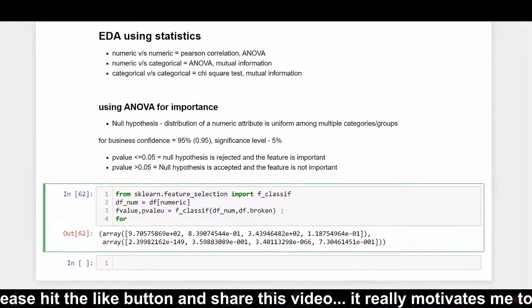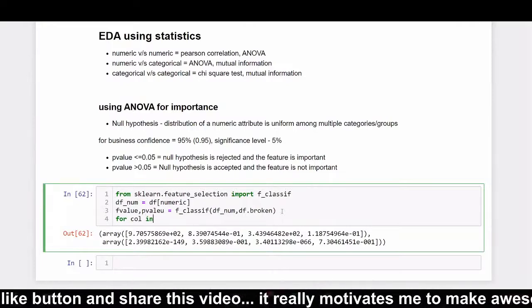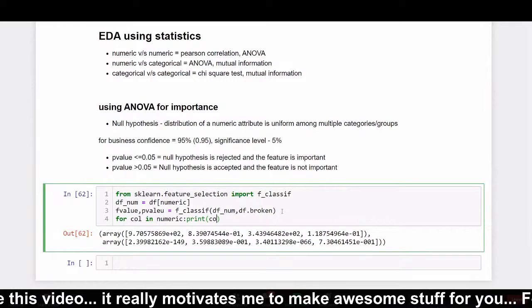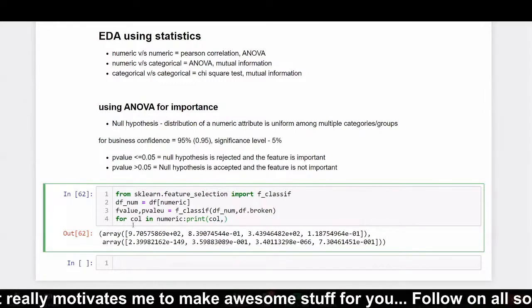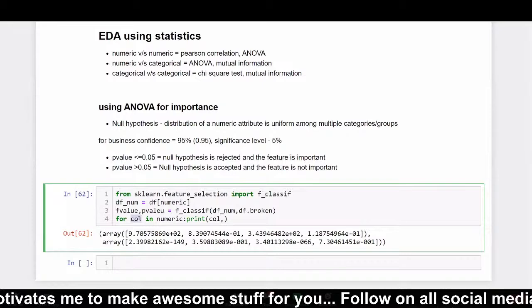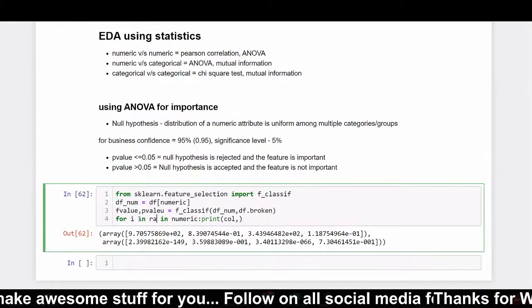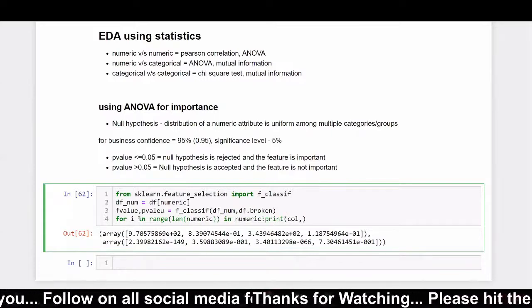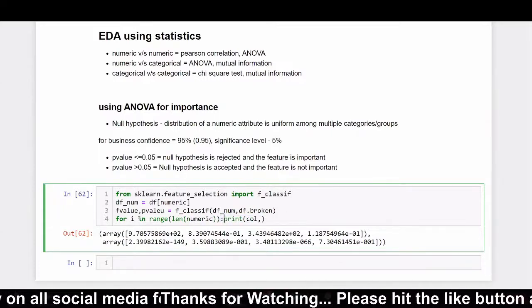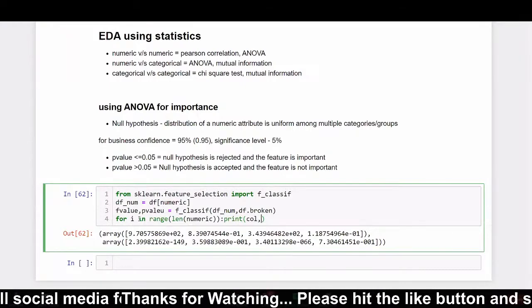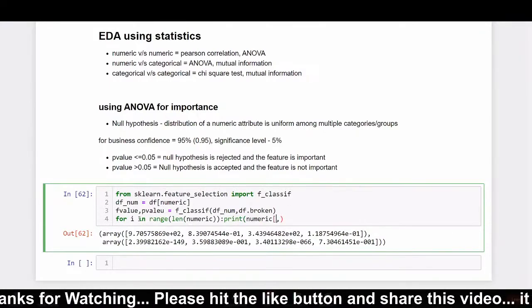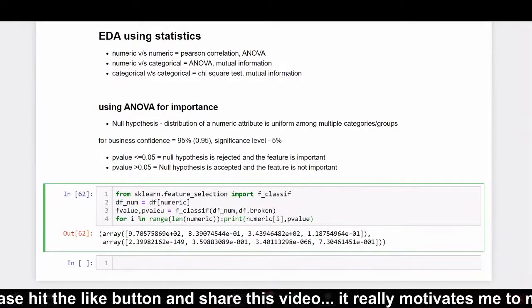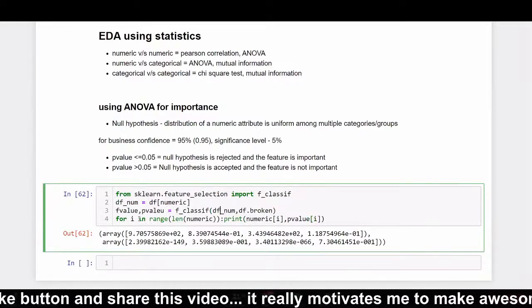We want to print it. So for col in numeric, print the col, or for i in range of length of numeric, print numeric of i, comma, p value of i.